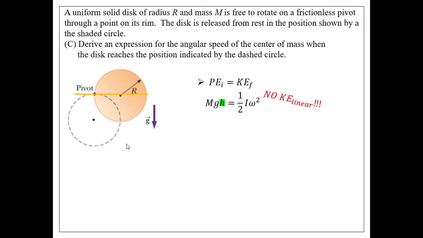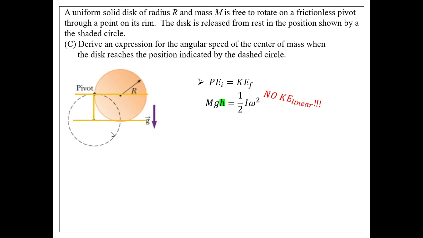So I'm going to draw a line that goes through the pivot and where the center of mass initially is. And then I'm going to draw a second line, which is where the center of mass is now. As it goes from horizontal and swings downward, the dashed line indicates that the center of mass has been displaced. So it's moved downward.